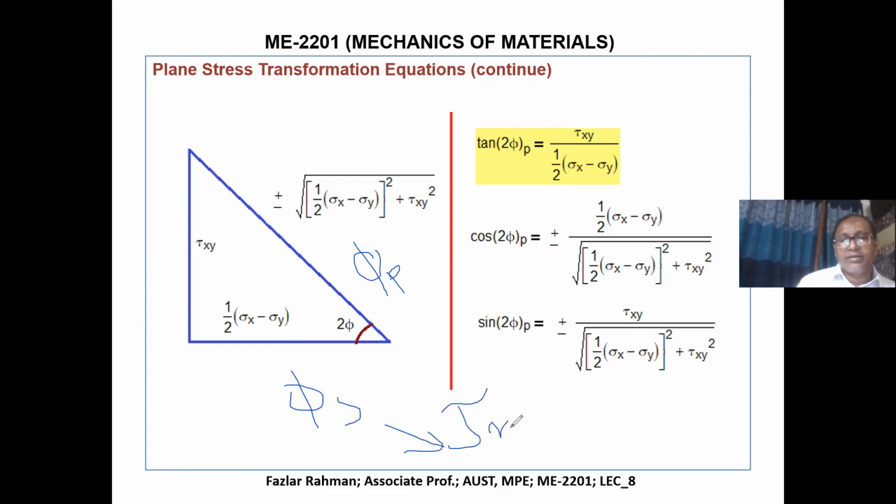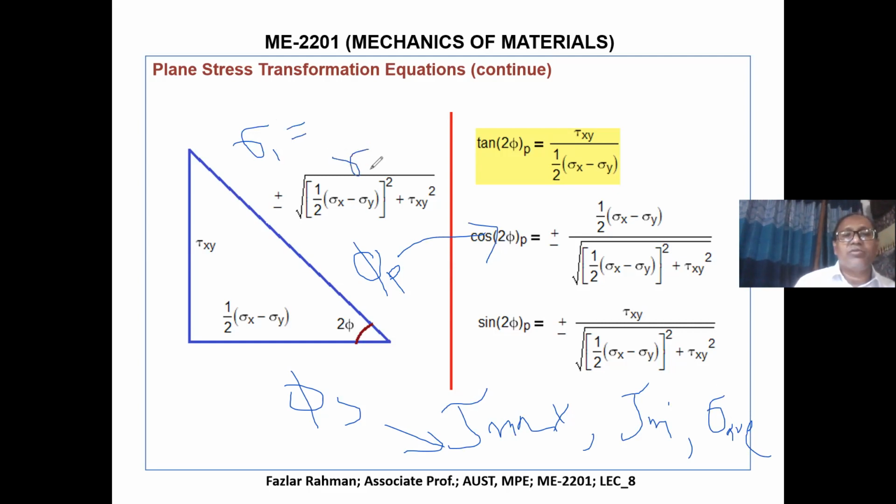You get tau max, one value, and you get the other value, tau minimum. And also you get sigma average. Sigma average is equal to sigma x plus sigma y divided by 2. And when you use the phi p equation, you will get sigma 1, that means maximum principal stress.